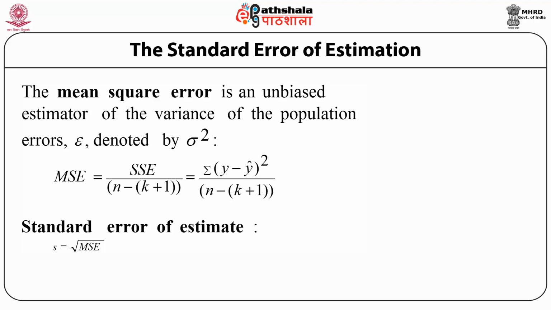Here n is equal to total observations, k is equal to number of independent variables, and we can calculate the standard error of estimate using the formula: standard error is equal to the square root of mean square error. It is a very important parameter which shows the worthiness of the suggested regression model.